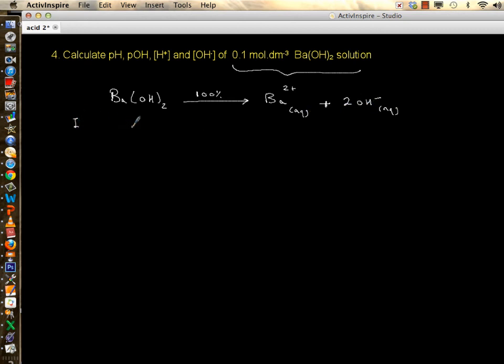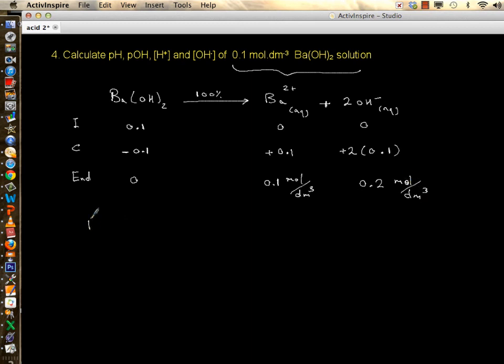So initially, if you have 0.1 and none of barium, none of hydroxide, there is a change. Minus 0.1, it all goes away. You will produce plus 0.1 and you will produce twice as much of hydroxide. When there is an end, you have 0 barium hydroxide, you have 0.1 mole per decimeter cube of barium, but barium is not important, it's not reacting, and you have 0.2 moles per dm cube of hydroxide, which is important.